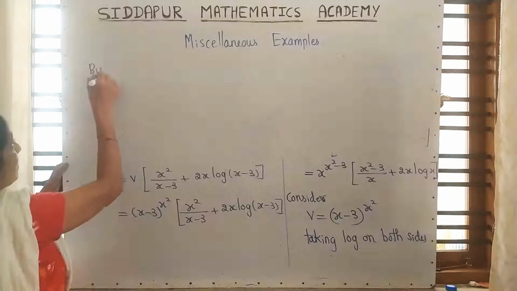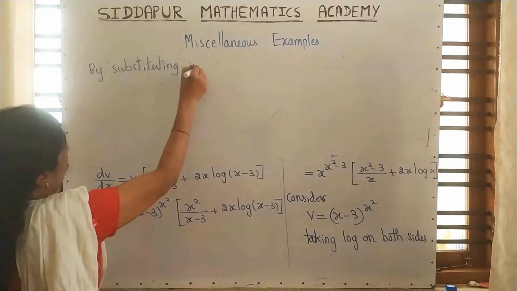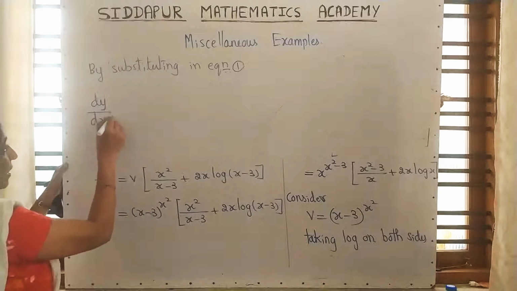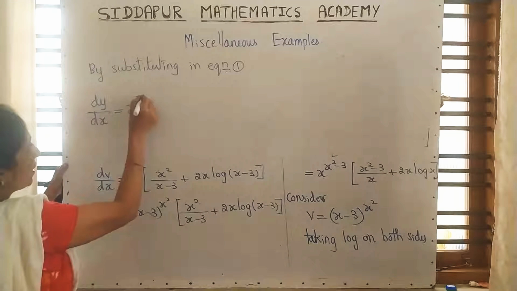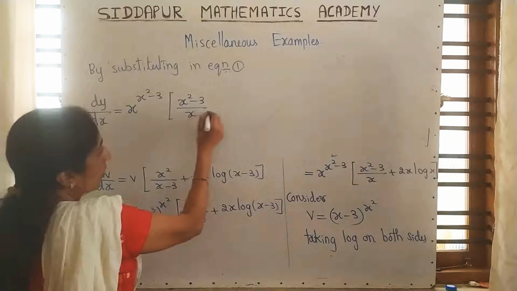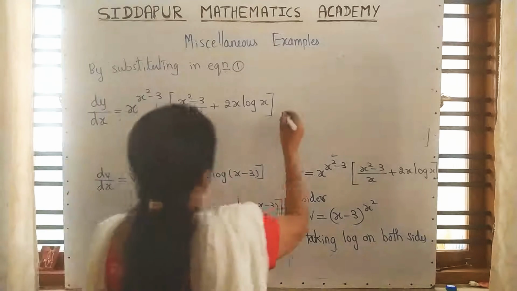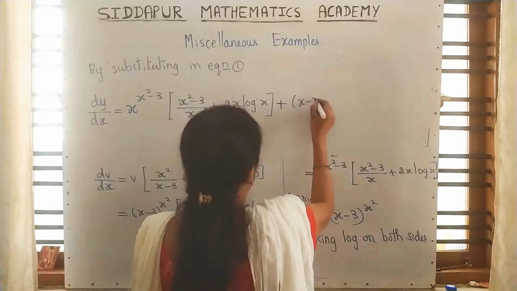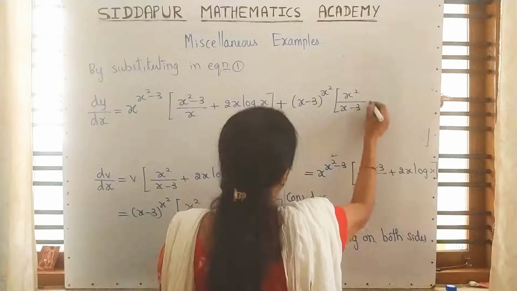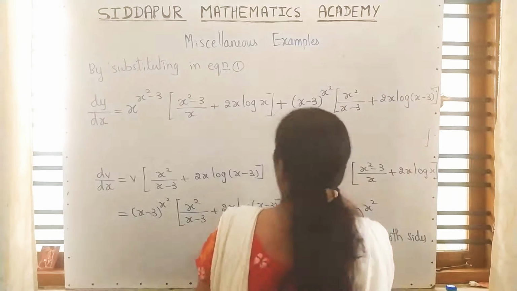By substituting in equation 1, dy upon dx is equal to x raised to x square minus 3 in the bracket x square minus 3 upon x plus 2x into log of x, that is du upon dx, plus dv upon dx, x minus 3 whole raised to x square in the bracket x square upon x minus 3 plus 2x into log of x minus 3.